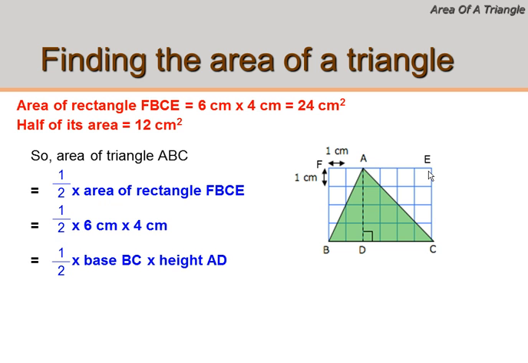So whatever you have learned in the previous video, AD becomes the height, BC the base of the triangle, allowing you to find the area of the triangle, which is ABC.